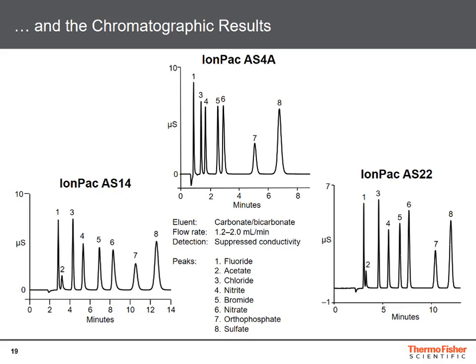Every other peak is baseline resolved, but the major difference to the IonPac AS14 is that the peak efficiency for all peaks is much higher, so that we get a much better resolution with this type of hyperbranched condensation polymer.